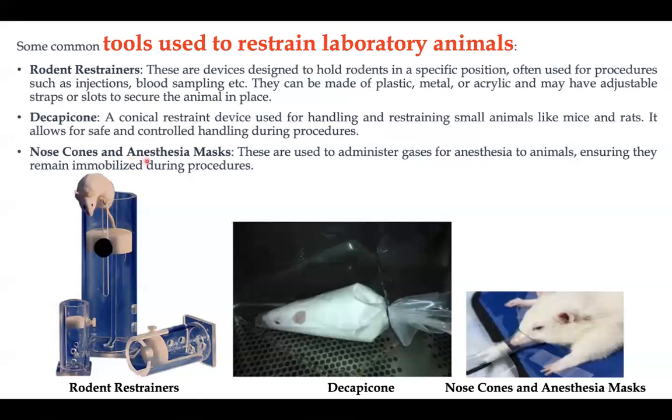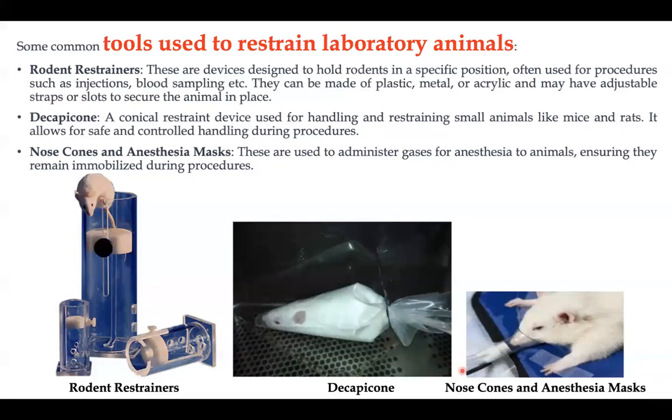Next, the nose cones and anesthesia mask, the third picture. These are used to administer gases for anesthesia. Suppose we are going through some procedure or experiment, then at that time we want the experimental animal to be immobilized throughout the experimental period. But if we put a lot of immobilization chemicals at a time, the animal may not survive.